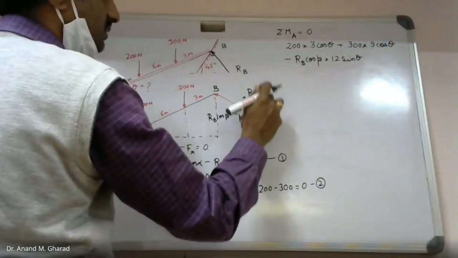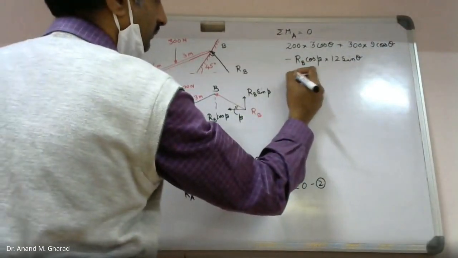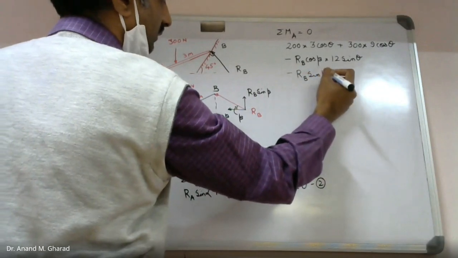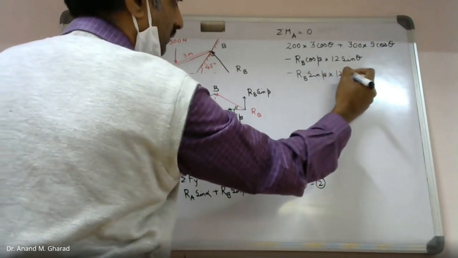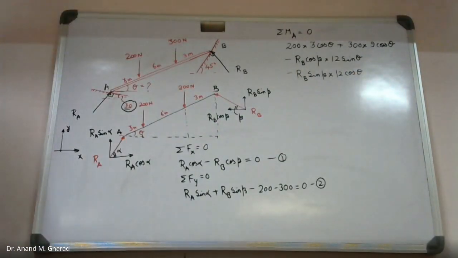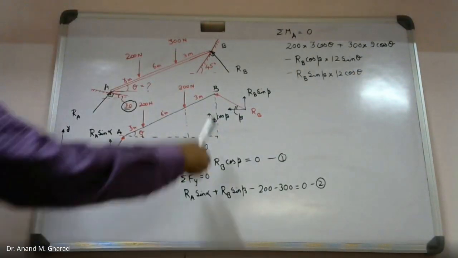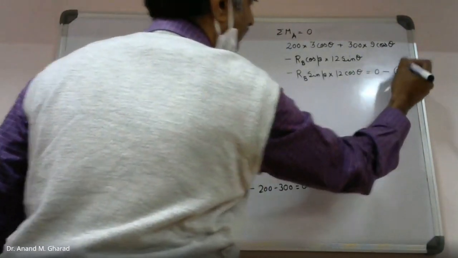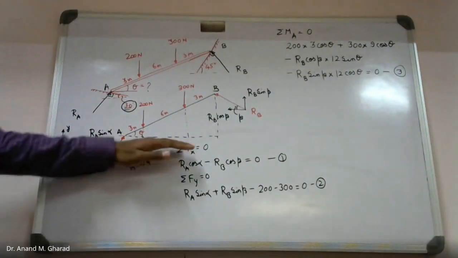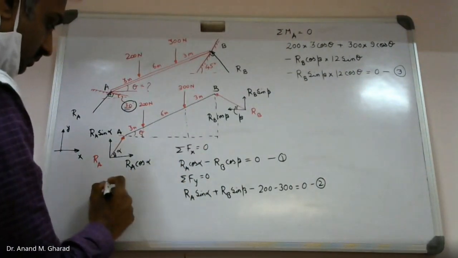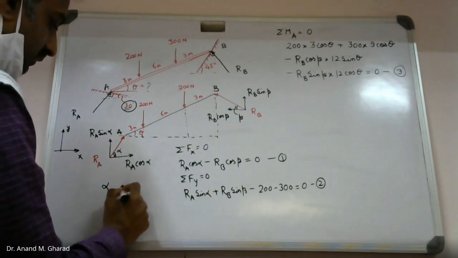Similarly, RB sin beta into 12 cos theta. Okay, so this will be equation number 3. This is how the equations will be formed. You are supposed to substitute alpha and beta values.